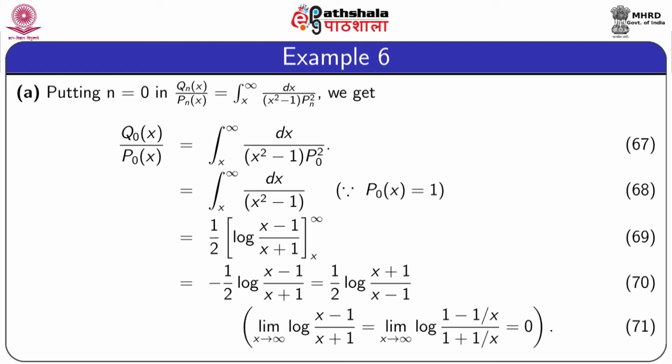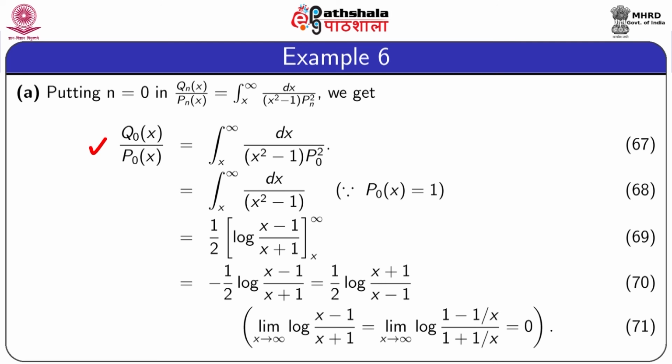We now look into two corollaries which we have to prove, which come along with the main problem. In the previous expression 66, which is also given here, we have to put n equal to 0, and if you do that, you get Q0/P0 is equal to the integration from x to infinity of dx by (x² − 1)P0².